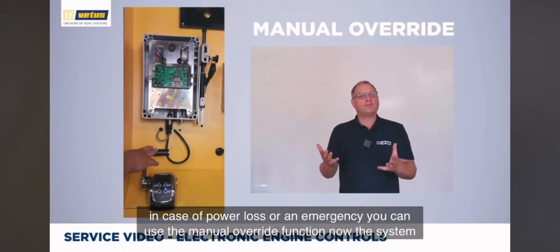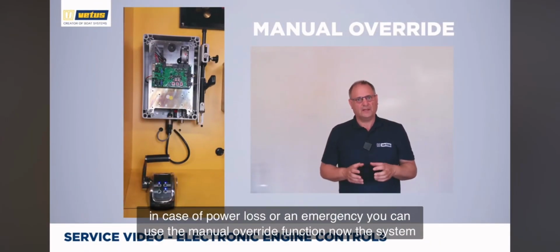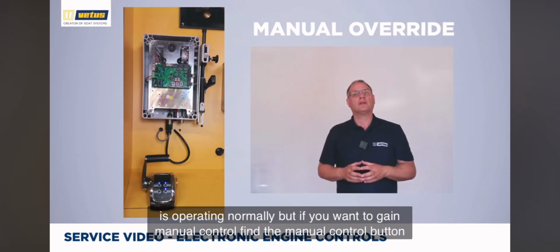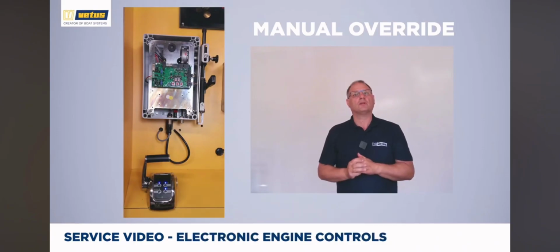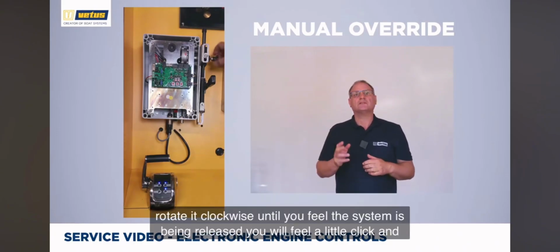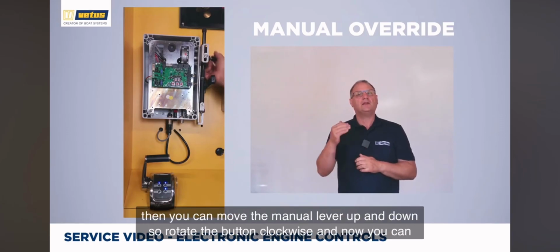In case of power loss or an emergency, you can use the manual override function. Now the system is operating normally, but if you want to gain manual control, find the manual control button, rotate it clockwise until you feel the system is being released. You will feel a little click, and then you can move the manual lever up and down.